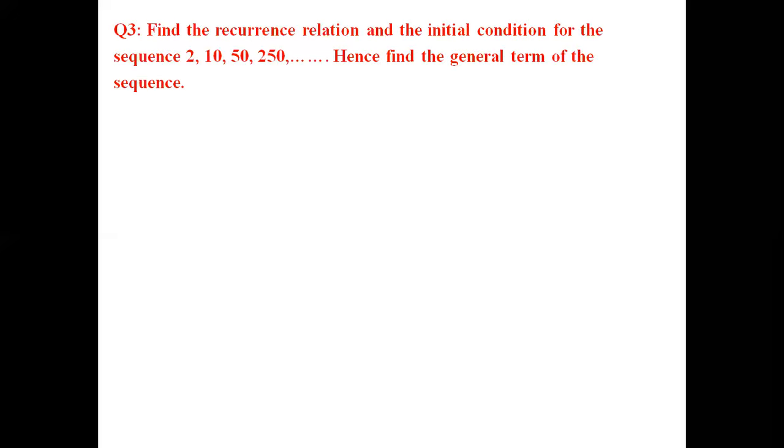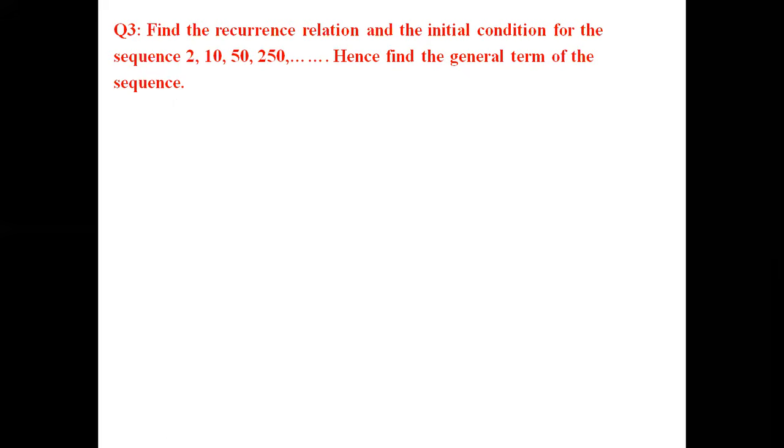A sequence is being given for us. We need to find out the recurrence relation and hence the general term of the sequence. So let's see how to do this. I'll read out the question. Find the recurrence relation and the initial condition for the sequence 2, 10, 50, 250, etc. Hence find the general term of the sequence.